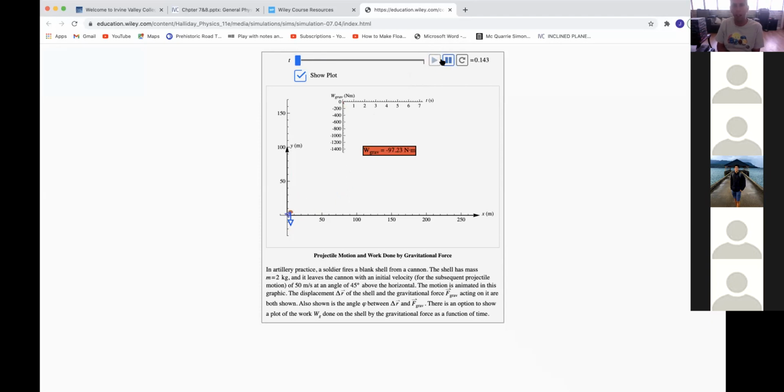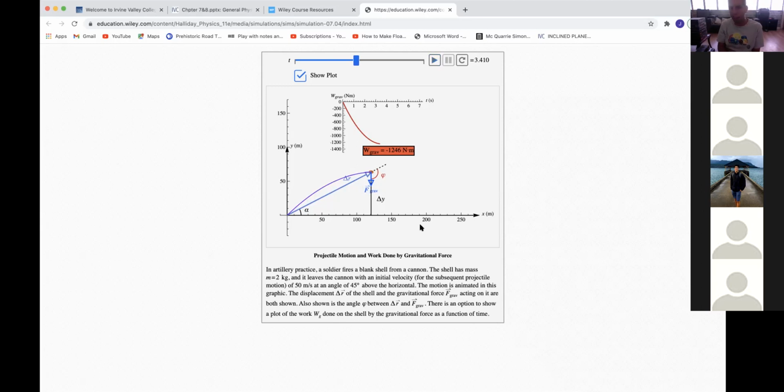So as it first takes off, gravity is already doing negative 400 joules of work as it slows it down from its initial velocity. Eventually, when it gets to the top, gravity evens out. The slope of the work done by gravity becomes 0. Right at the top, the work of gravity is 0 because it's traveling essentially instantaneously horizontal.